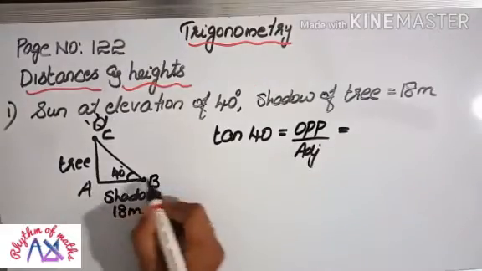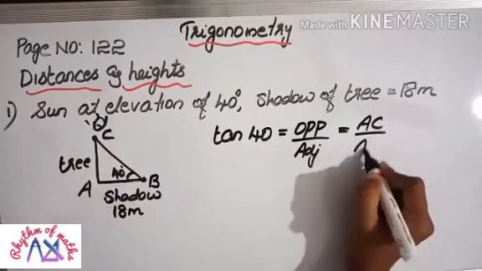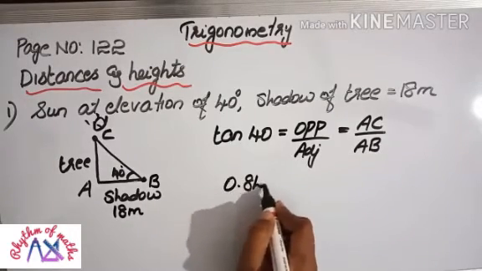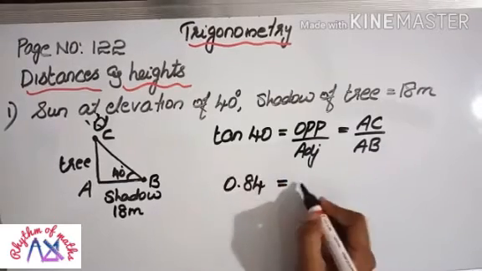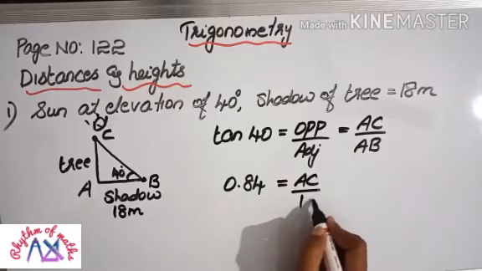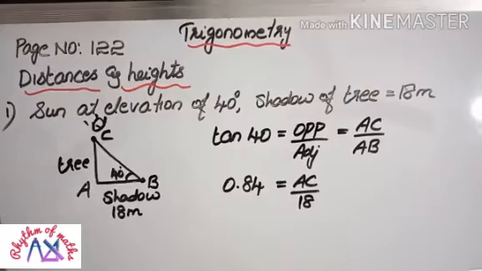So here the opposite side is AC divided by the adjacent side AB. Now tan 40 is 0.84. So 0.84 equals AC, which we don't know, that is what we need to find, divided by AB, which is 18. Now what will we do?